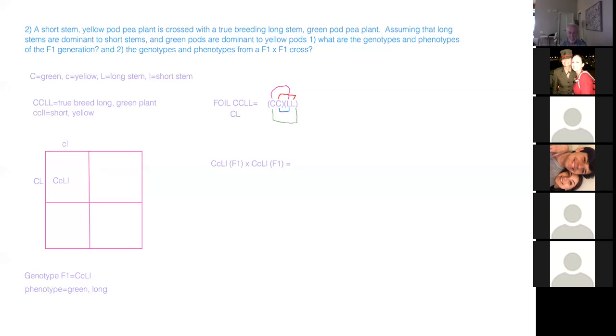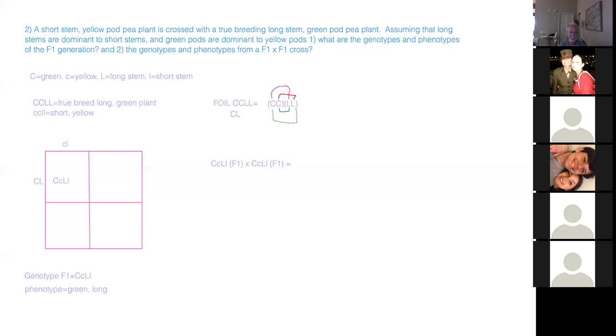So I need to figure out then what possible alleles each one of these can donate. And in order to do that, I'm going to use FOIL again. So let's take a look at the FOIL, and we'll break it up again as big C, little c, big L, little l.